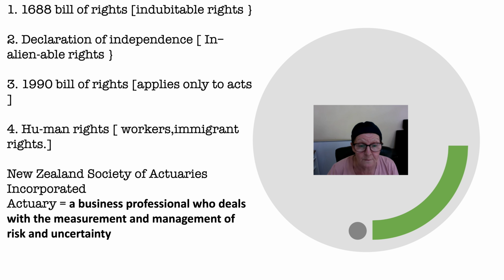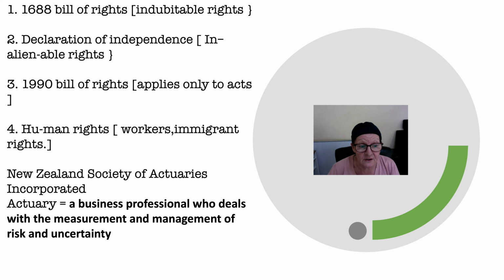But the humans rights is different, and it belongs to a thing called, Australia will have theirs, England will have theirs, the New Zealand Society of Actuaries Incorporated. And then you have to ask yourself, what is an actuary? An actuary is a business professional who deals with the measurement and the management of risk and uncertainty.